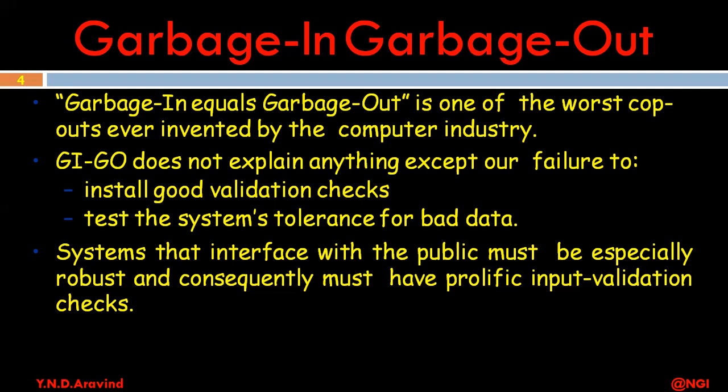Because when a system is meant for the public, a vast number of users will be using it. Some are professional, some unprofessional, so they can press any improper keys. Because of that, mistakes may happen.